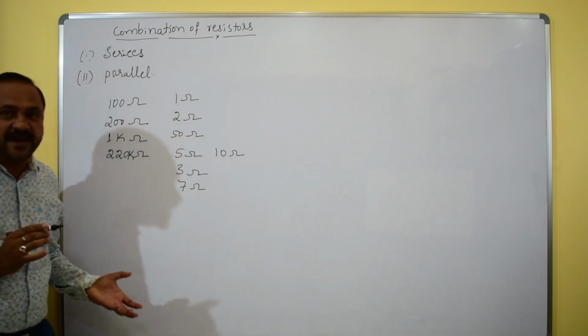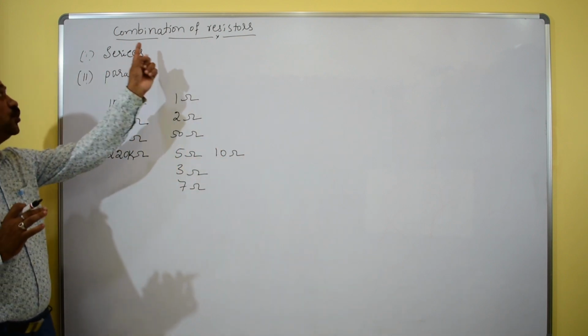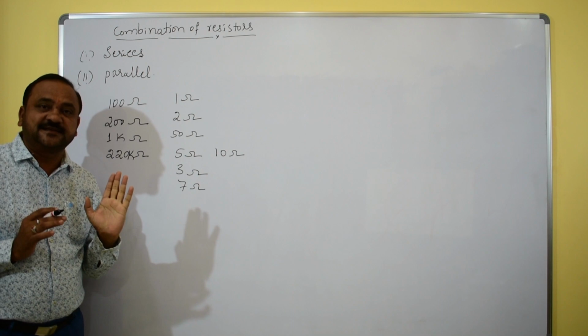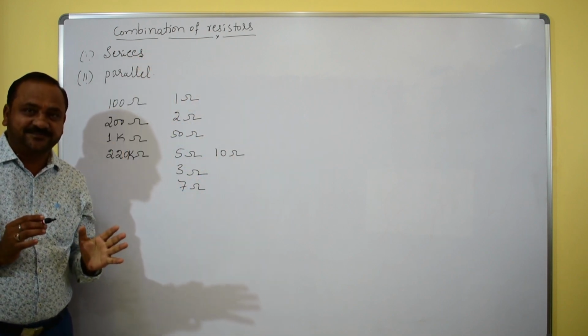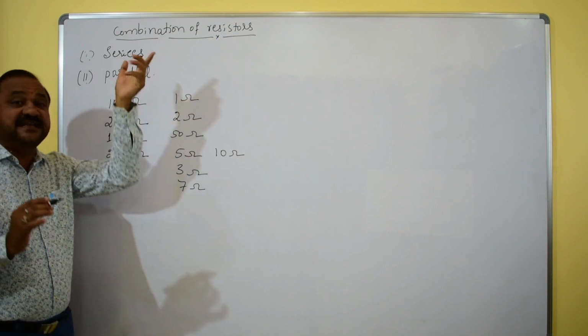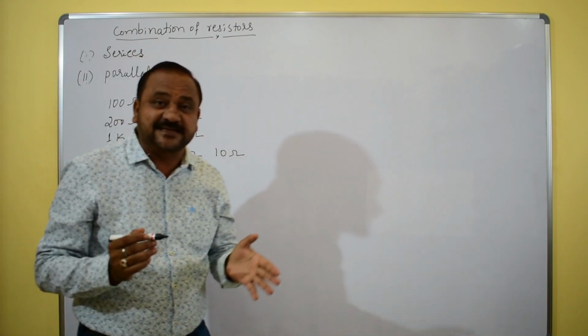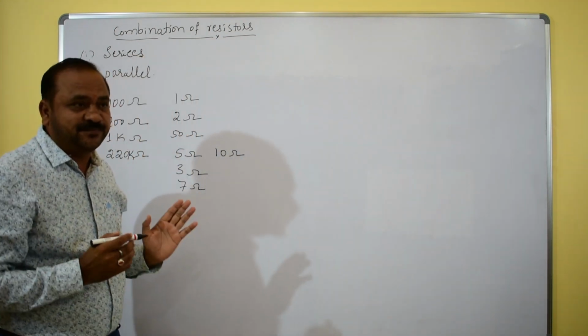We must combine them. How? There are two types of combination of resistors: one is the series combination, another is the parallel combination. What is meant by the series combination of resistors, we are going to discuss now.